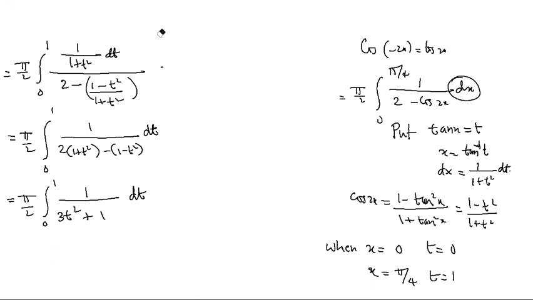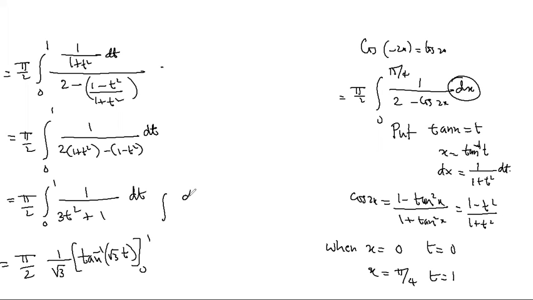Yes or no? Yes, sir. Now, can anybody tell me the answer for this? 1 by root 3 tan inverse root 3t. Very good. Which formula did we apply? Some of you may not remember, so I'll just write the formula.